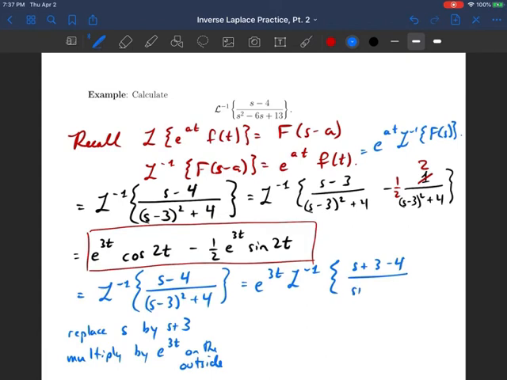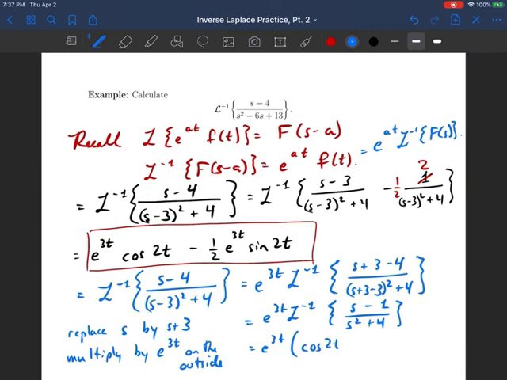So this would become e to the 3t times the inverse Laplace transform of s plus 3 minus 4 over s plus 3 minus 3 squared plus 4, which is e to the 3t times the inverse Laplace transform of s minus 1 over s squared plus 4. And with our practice now, we can see that the first part is going to be cosine of 2t, and then the second part is going to be 1/2 sine of 2t.